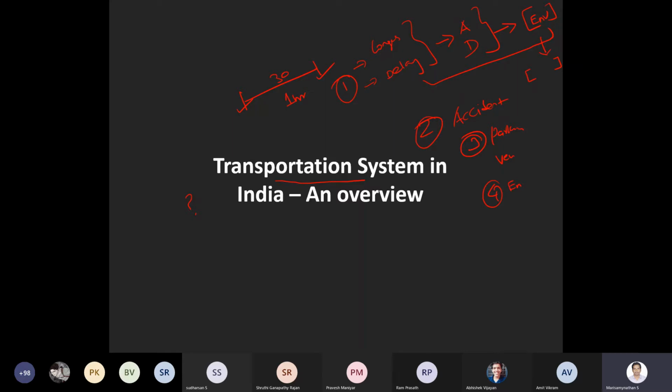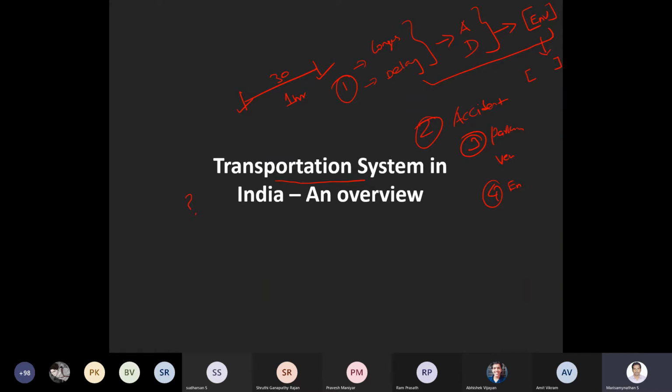To solve all these issues, to bring a research outcome as well as a practically implemented outcome, we should have the fundamentals of transportation engineering concepts. What are the basics? What are the basic parameters? What is the fundamental?